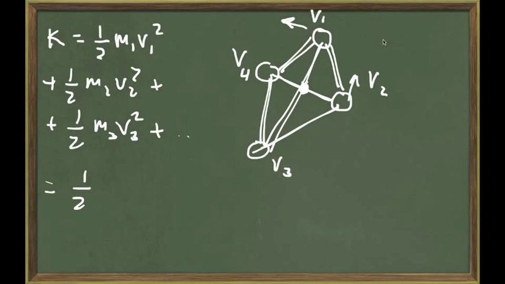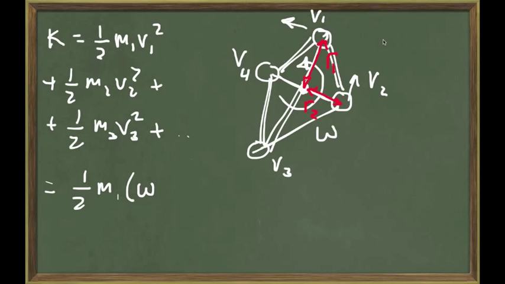Now, v1 has to be equal to the angular velocity of this rigid object as it spins around the axis, multiplied by the distance at which the mass 1 here is from the axis of rotation. So that distance is going to be this distance, that is r1. r2 is the distance at which object number 2 is spinning about the axis of rotation.